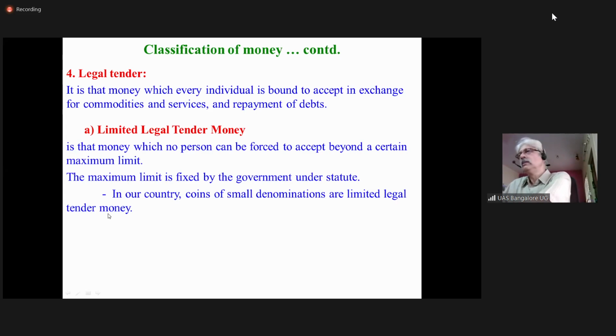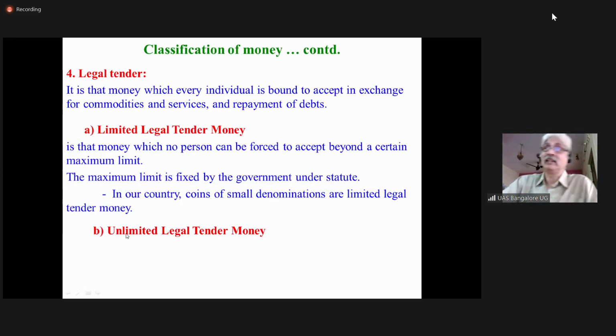So if I have to pay 10 lakh rupees, and I bring everything in 1 rupee coins, no, the other person need not accept it. Then the second type is unlimited legal tender money. That means when that money is given, you are bound to accept it.